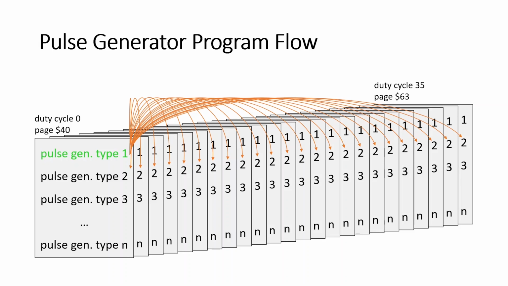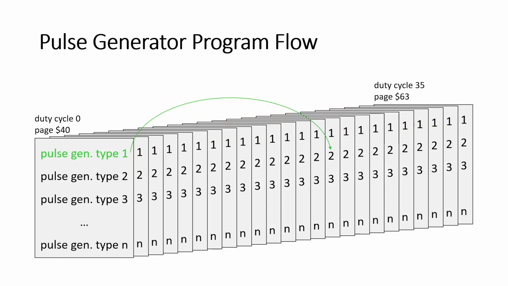Now we get a data byte and actually see that we modify the jump target to point to a certain duty cycle, meaning a certain page. At the end, after the modification of the jump target, we jump there and execute this pulse generator. And then the whole thing starts all over.